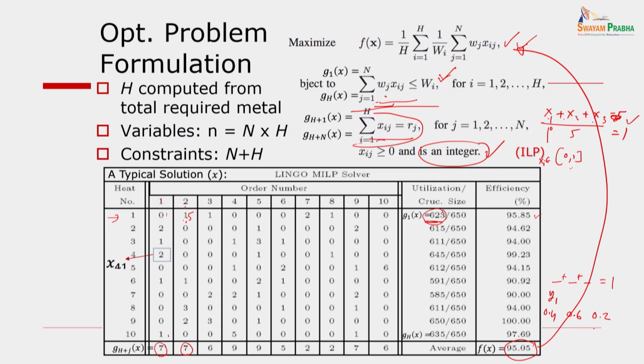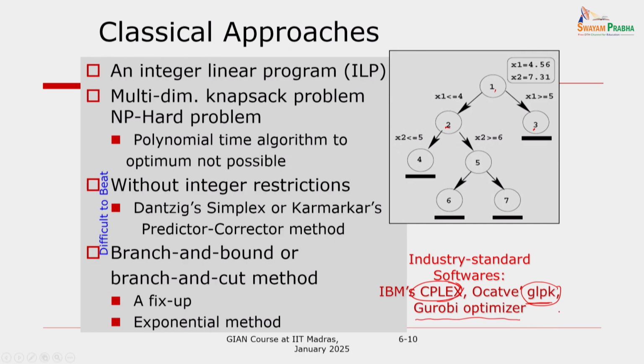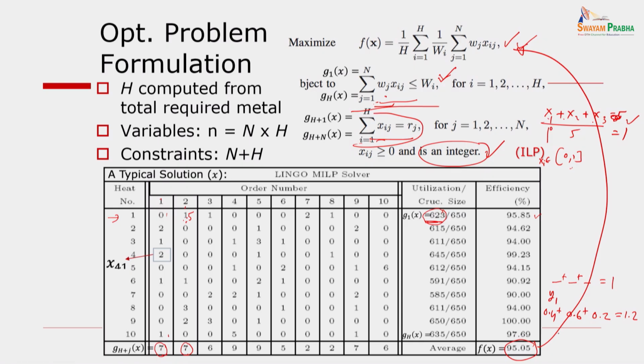No, because they are randomly created. But let's see, what's the sum? 1.2. Then each of these numbers I divide by 1.2, and I call x1 this, x2 this, x3 this.